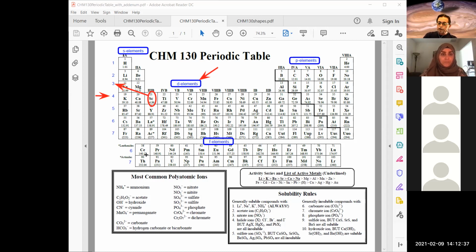And the same is true for the F's. The F's start right here, and you can see that the F's start in the 6th period. But their energy level actually starts with the 4F.